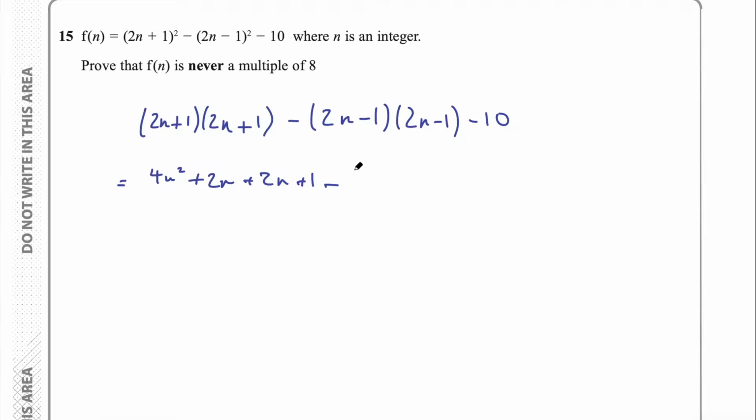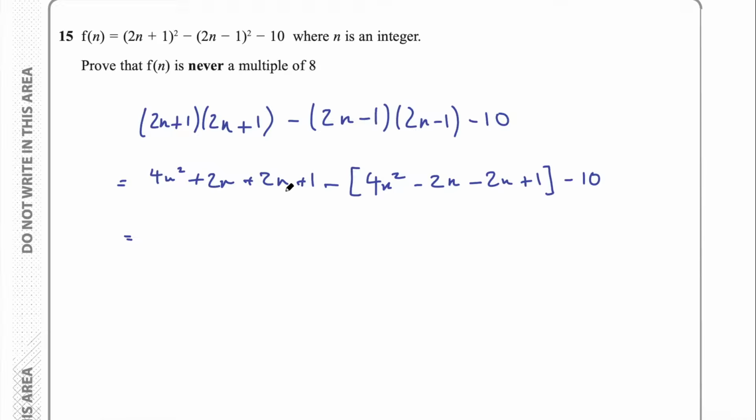And then the same for this one. Remember to put a big bracket around all of it so you don't make any mistakes with that negative sign. Firsts, outers, inners, and lasts. Minus 1 times minus 1 is plus 1, and then minus 10 on the end.